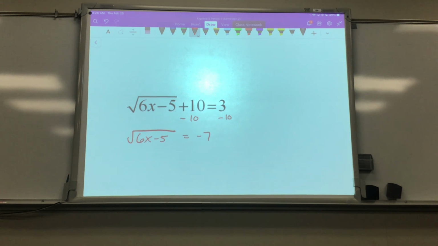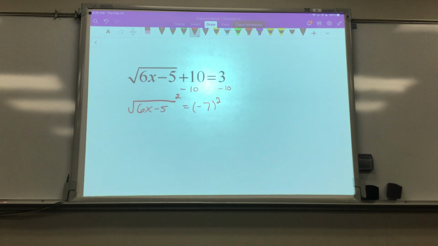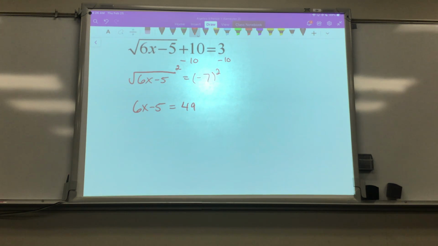Next step. Square both sides. When I square that radical, it just gives me whatever's inside. Equals 49. Maria, next step. Add 5 to both sides. So 6x is equal to 54, correct?